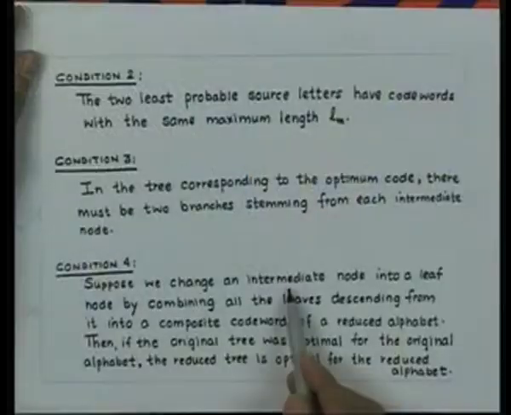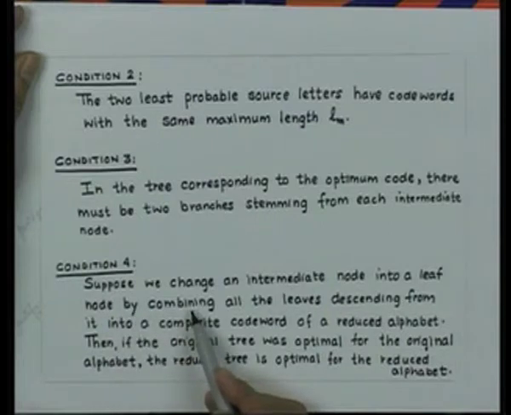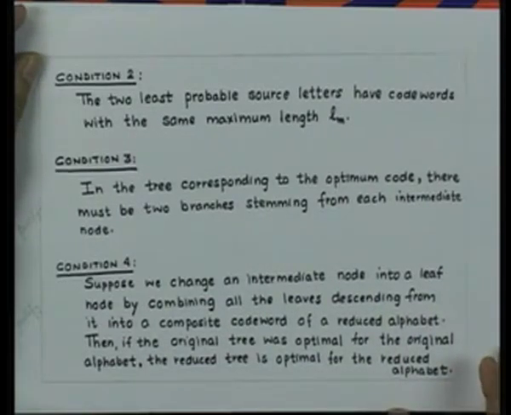And finally, condition number 4 is that suppose we change an intermediate node into a leaf node by combining all the leaves descending from it into a composite code word of a reduced alphabet. Then if the original tree was optimal for the original alphabet, the reduced tree is optimal for the reduced alphabet.